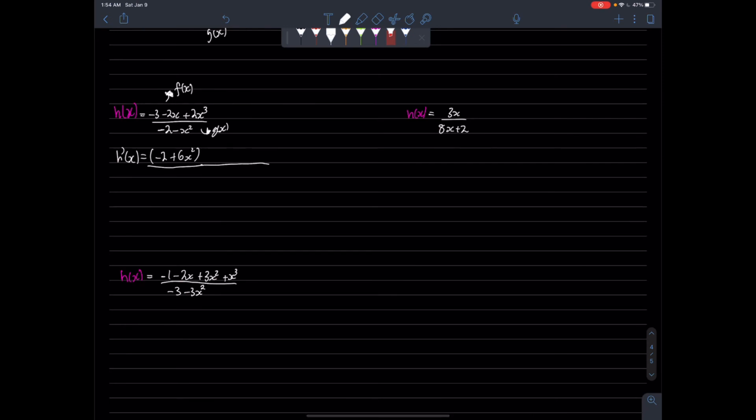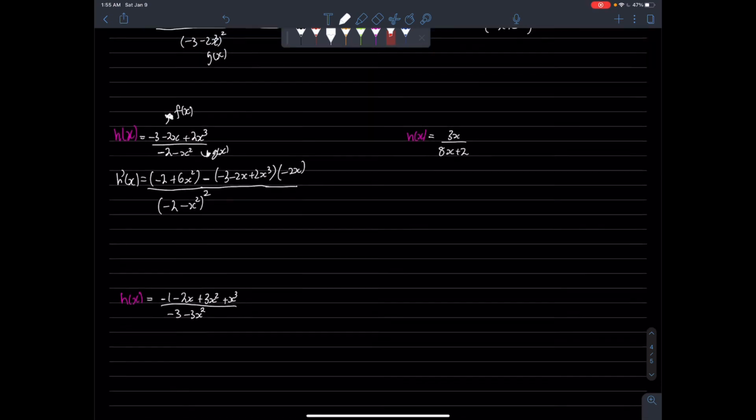Let's put it over. Minus the first top part we just rewrite, 3x plus 2x cubed. Now the derivative of the bottom, that's just 0, negative 2x, right? Negative 2 minus x squared, right? That's your derivative.